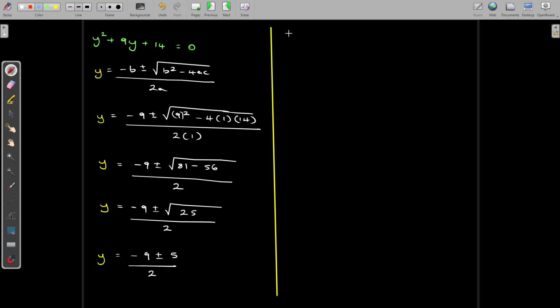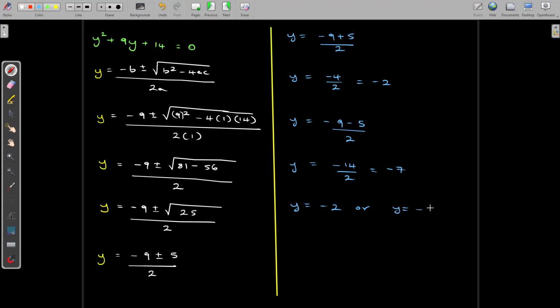So for one of the solutions, y is equal to negative 9 plus 5 over 2. So that's negative 4 over 2. That's negative 2. The other solution, y is equal to negative 9 minus 5 over 2. That's negative 14 over 2, negative 7. So y is equal to negative 2 or y is equal to negative 7.